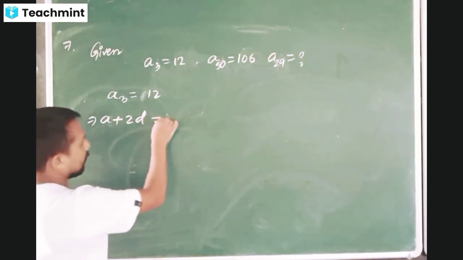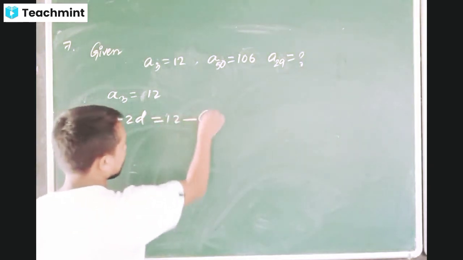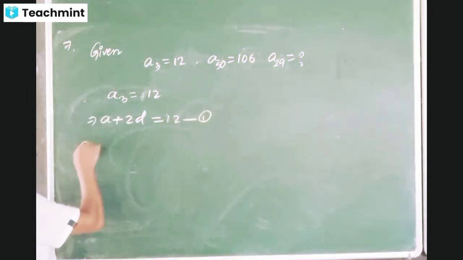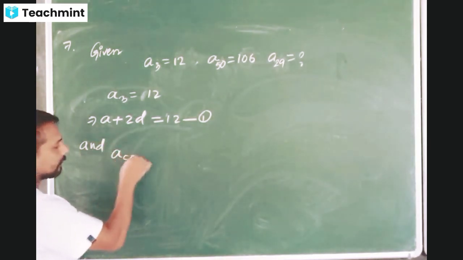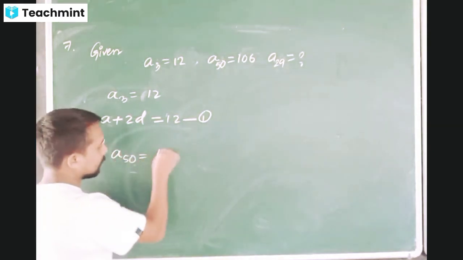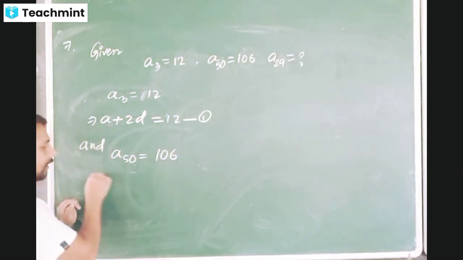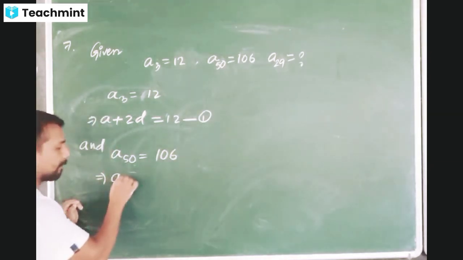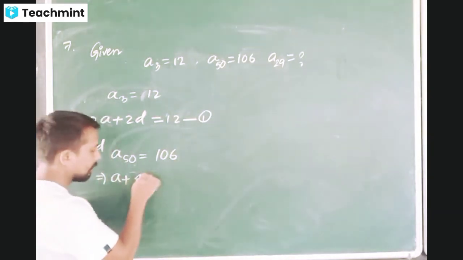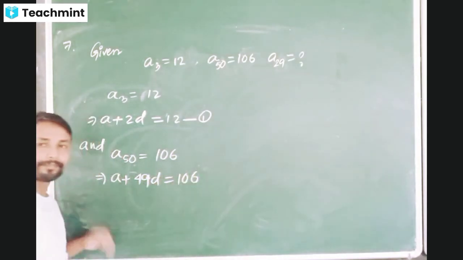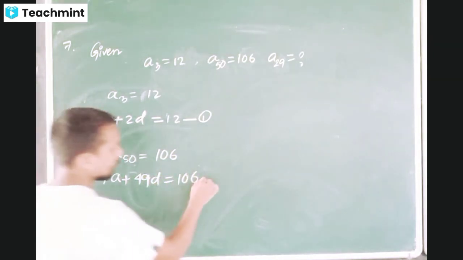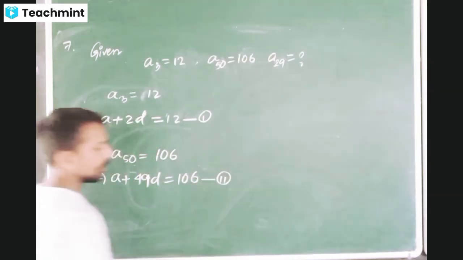This is equal to 12, equation 1. And A50 equal 106. A50 means A plus 49D equal 106. This is equation 2.